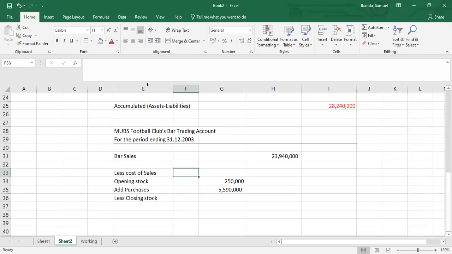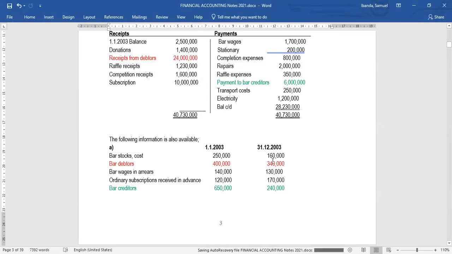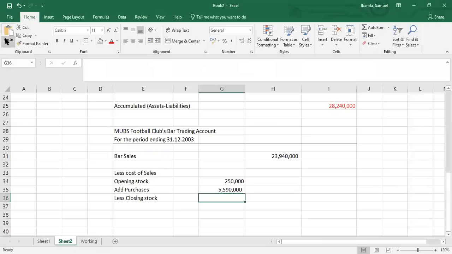Some questions can call it inventory or stock. So right here, we have our closing stock, which was given at 160. So my closing stock is 160. So I'll come here and record it accordingly.